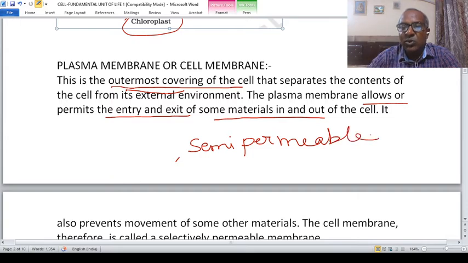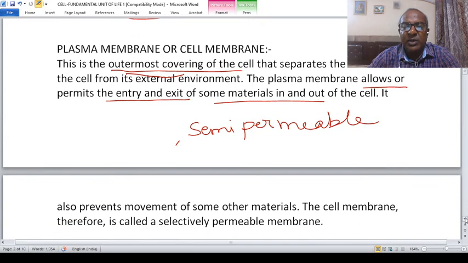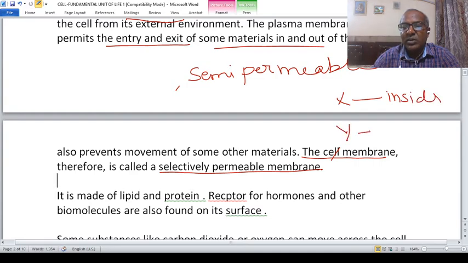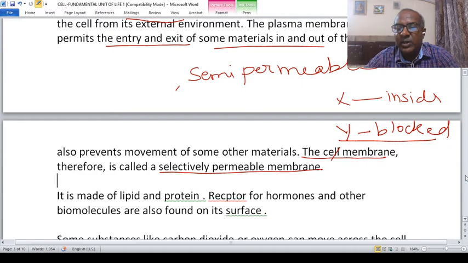It allows something to come inside and it blocks other. That is why it is also called a selectively permeable membrane. It means, say, X can move inside and Y is blocked. So X is allowed whereas Y is blocked. So that is why it is selectively permeable.